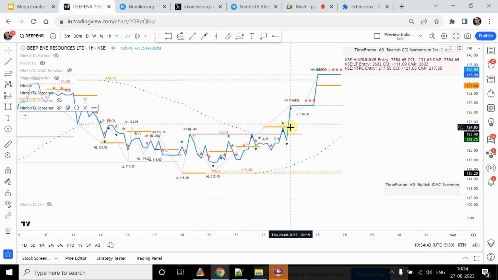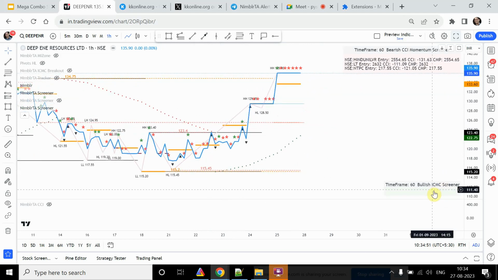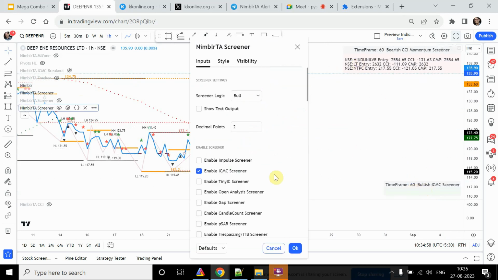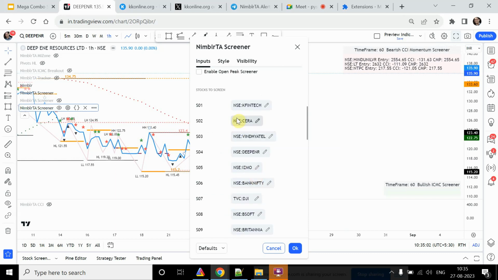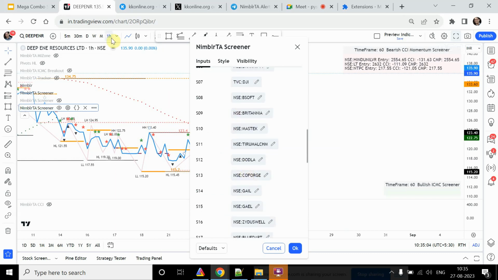The open happened, then it became a gap up, then again a new open happened, and again a gap up. On the 60 minutes time frame, for the list of stocks I have mentioned, we don't get anything, right? That means none of these stocks gave an ICMC breakout on the 60 minutes time frame.